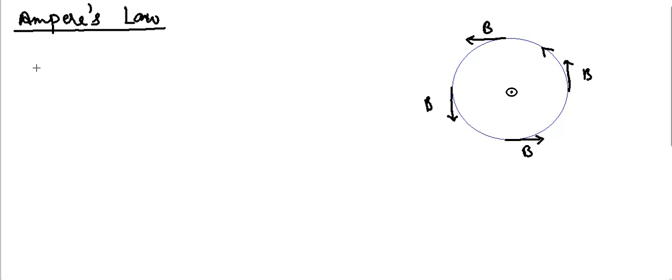In electricity, we have Coulomb's law, which gives a general definition of how to find force and electric field due to electric charges. And in electric field we also have Gauss law.